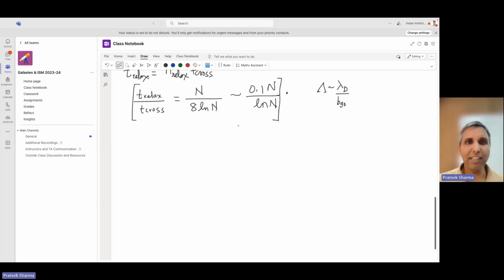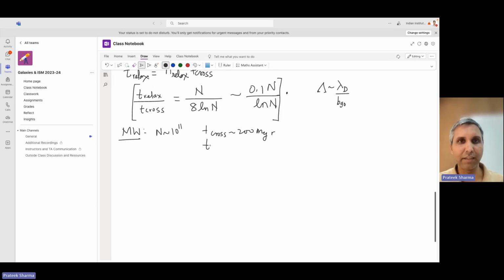Okay, so let's put in some system. Say the Milky Way. Let's say the Milky Way has about 10 to the 11 stars. T cross, I already mentioned, is 200 mega years.